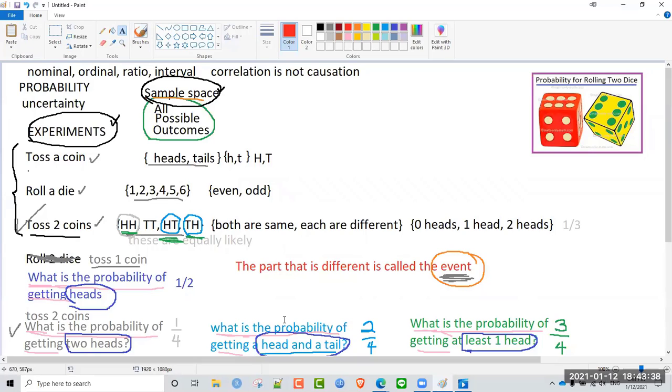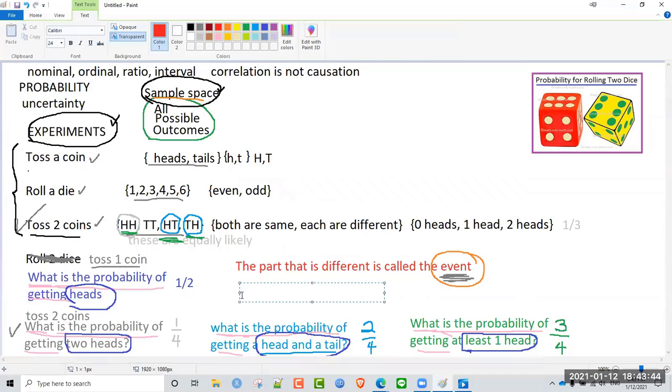So what do we mean by an event? I'm not talking about this word part. But an event, as she just said, is a part of the sample space.